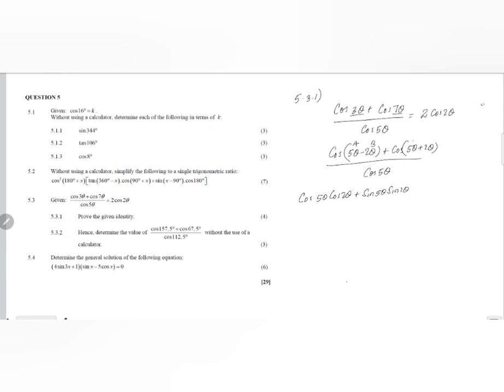Now I am moving to the second one. This is A, this is B. That is cos A plus B, which is going to be what, guys? Plus cos 5 theta cos 2 theta minus, if it is plus then in the formula it is minus, sine 5 theta sine 2 theta. Is it clear? All right. Then all divided by cos 5 theta.